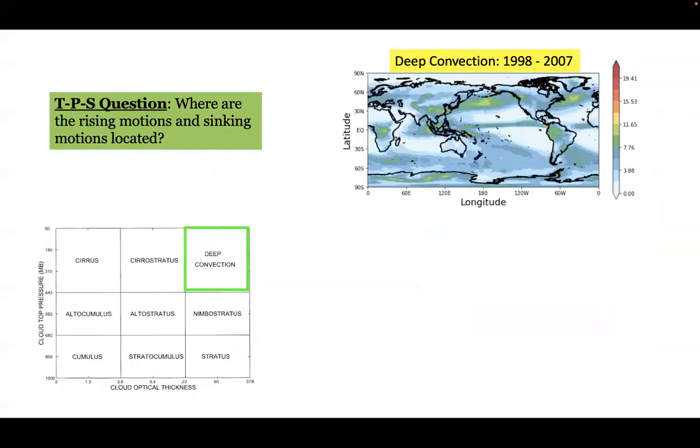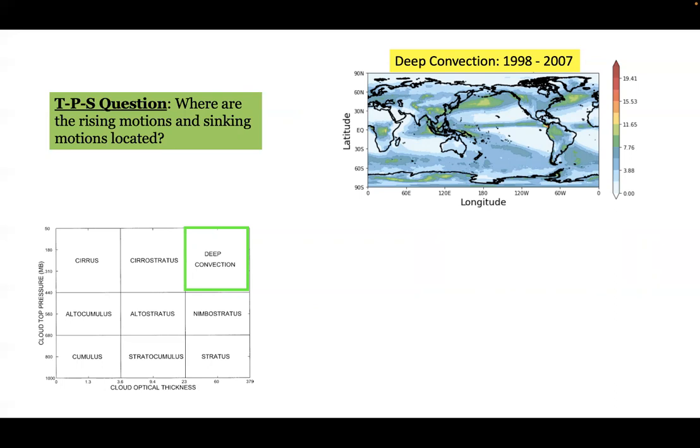The first question I want you to think about is one specific type here, which is deep convection, right? Based on the distribution of deep convection here, I want you to do a think, pair, share question. You think about the question, you pair up with a neighbor and share your answer.